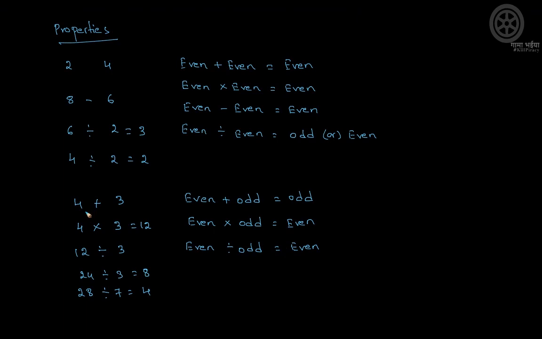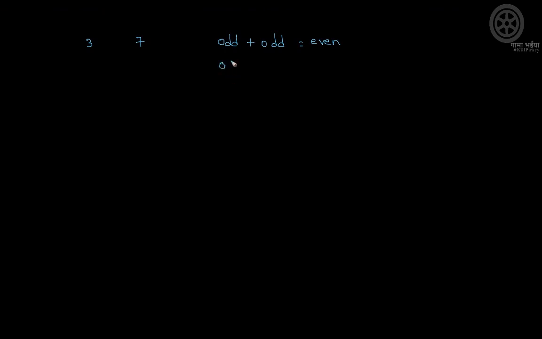Now we see the combination of odd, odd, right? If I take two numbers, 3 and 7, and add them, odd plus odd, what result do you get? Even, right? Odd plus odd is always even. If I subtract 3 from 7, I get even.